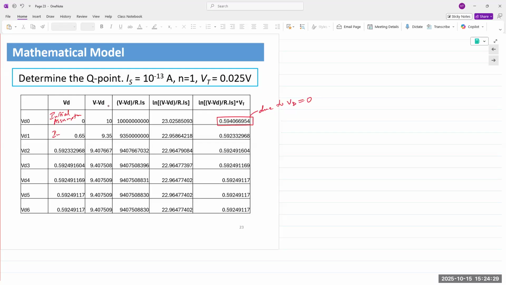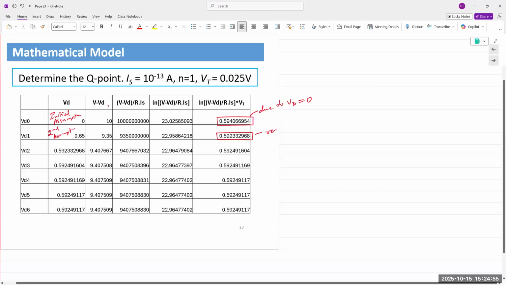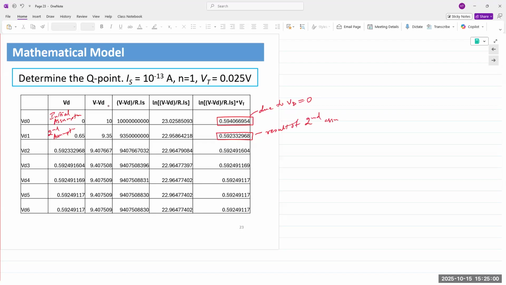So the second assumption, 0.65, gives an answer of 0.59233. What does that tell us? The answer is somewhere close to 0.59. That's the result of the second assumption.